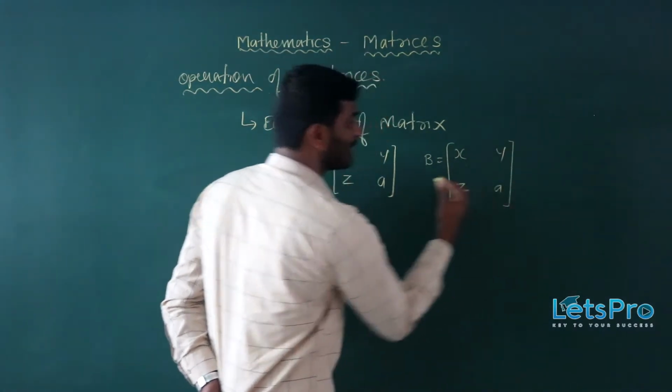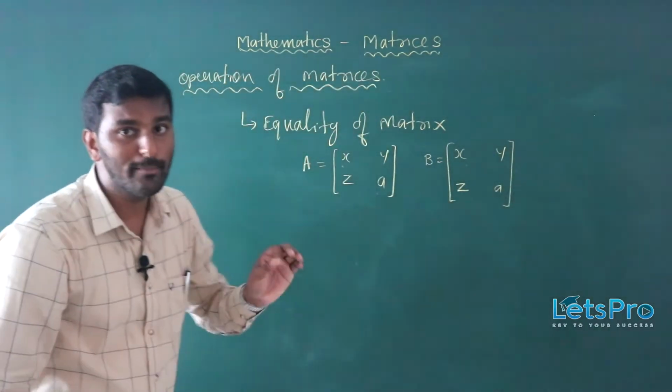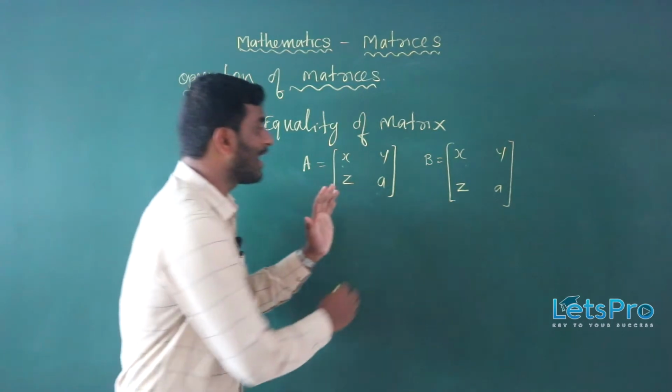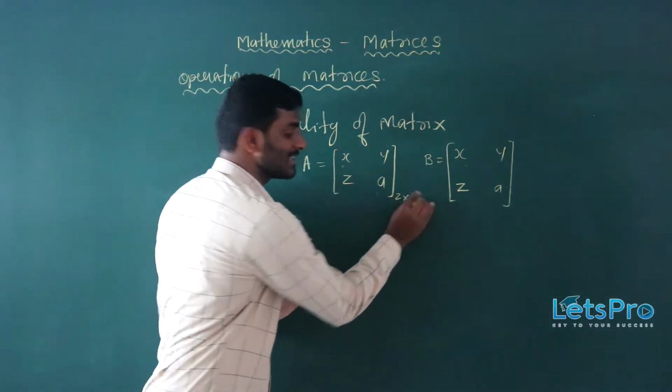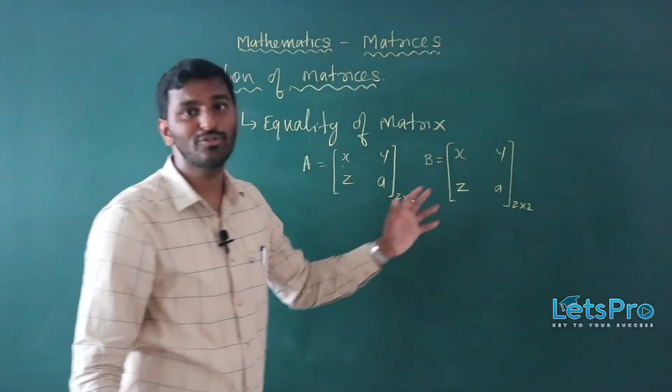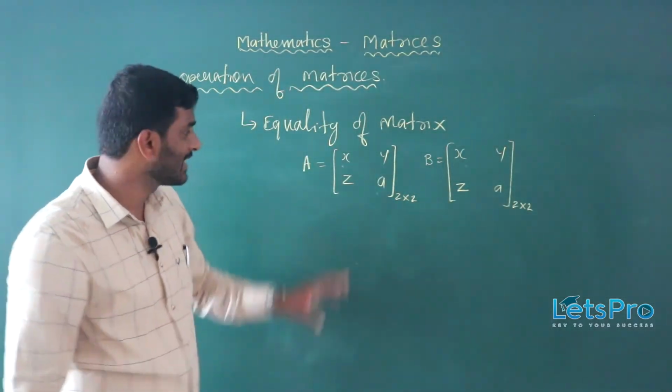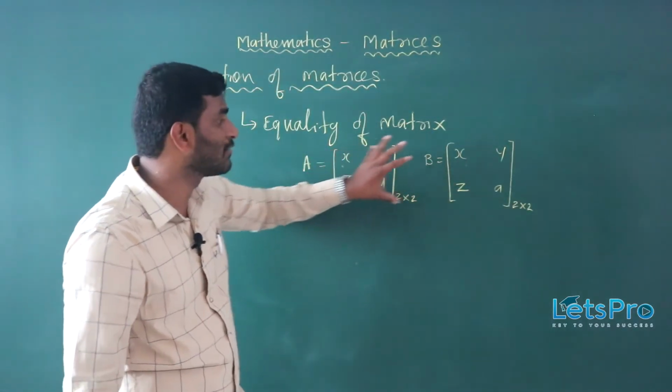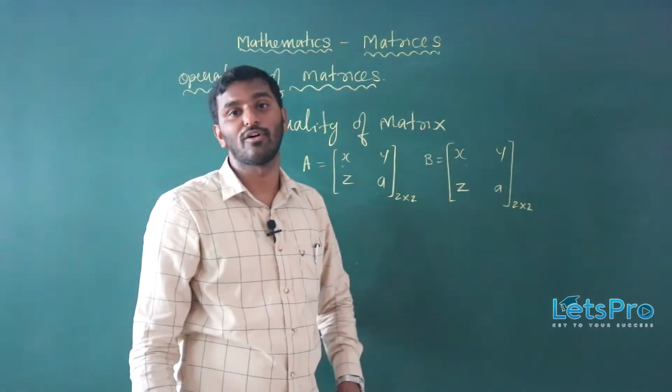The corresponding elements should be equal. And one more important thing, the order of the A matrix is equal to the order of the B matrix, that means the number of rows and columns of A is equal to the number of rows and columns of the B matrix.